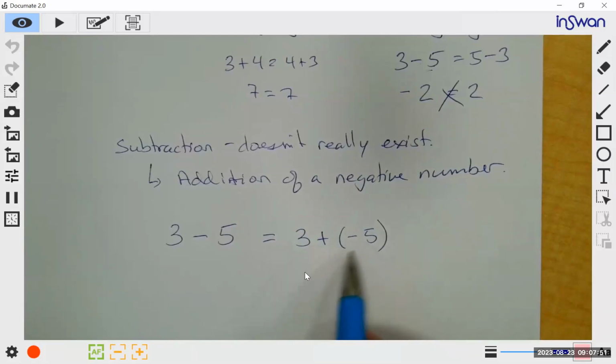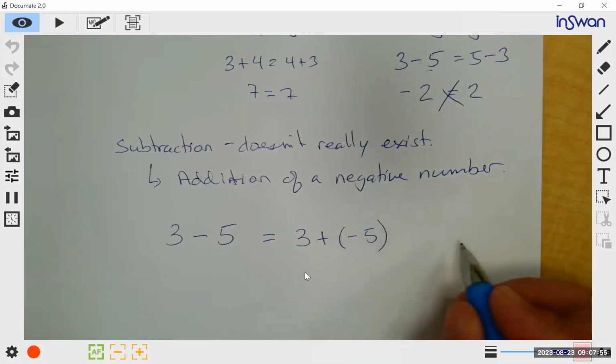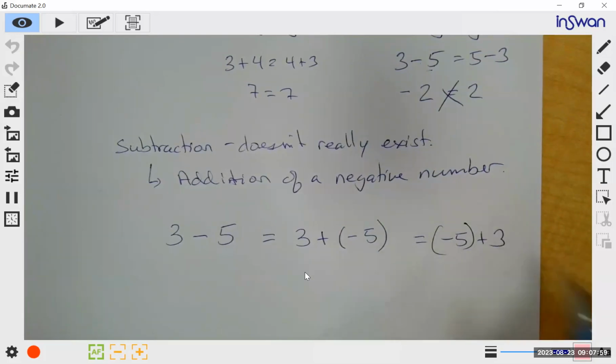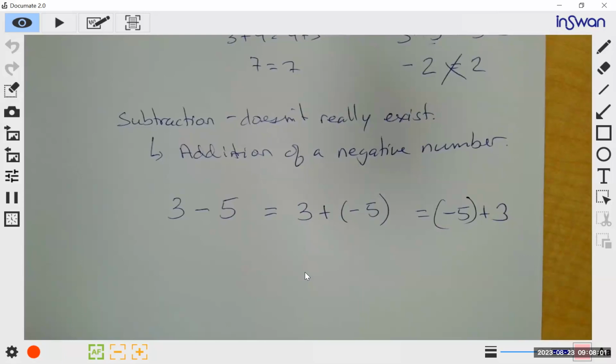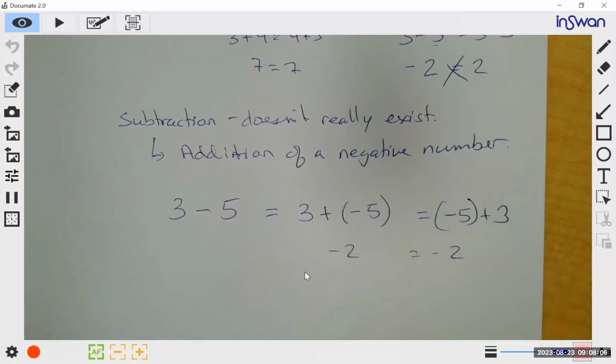If we look at it this way, does commutativity work? Does that equal negative 5 plus 3? Are they equal? Yeah, they both equal negative 2.